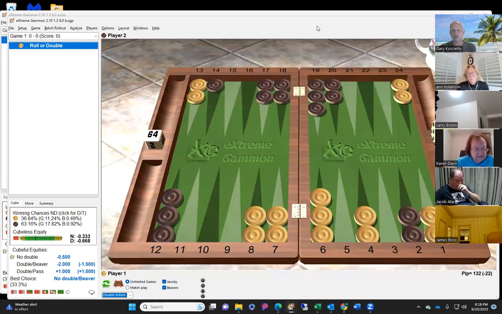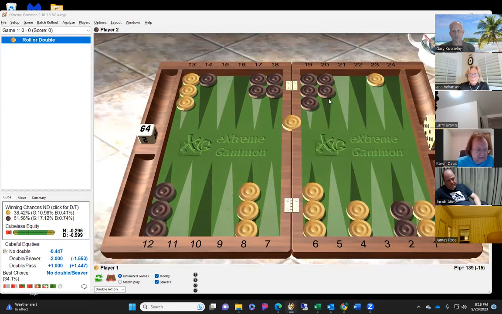So the odd thing about this is that, okay, here we're not on the bar. You would think that not being on the bar would be better. In this case, it's not. And the reason is, against the prime, now Black has a decent prime. Against the prime, you must make the advanced anchor as soon as you can.